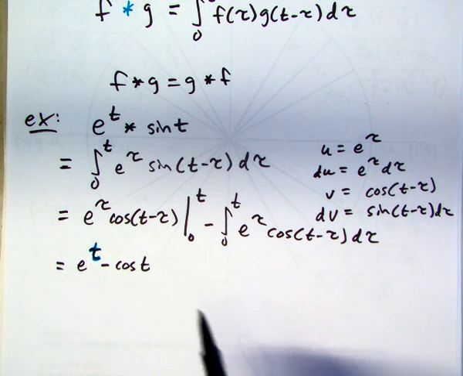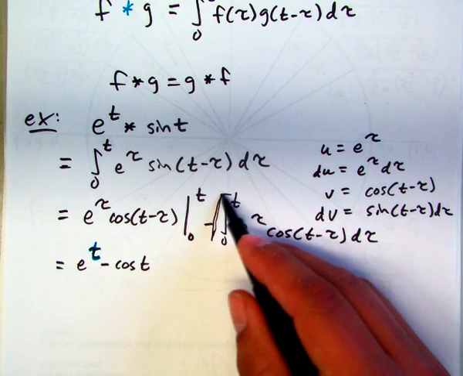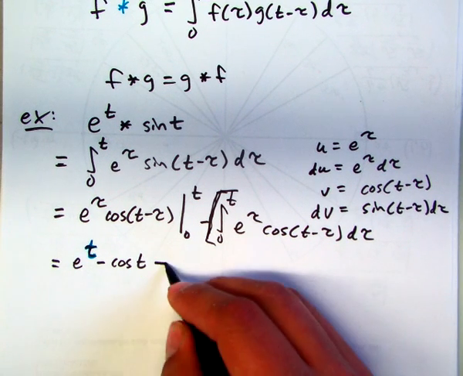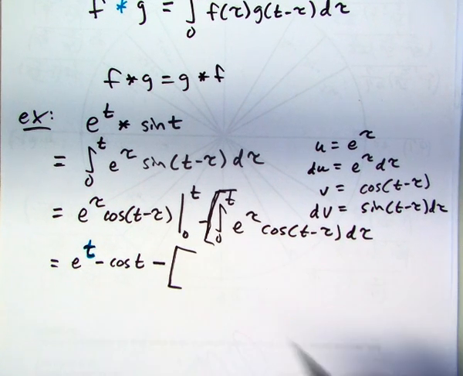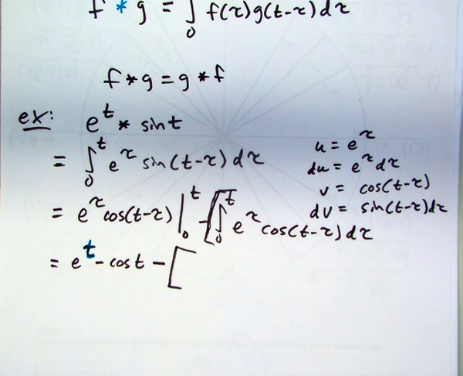So now we still have this guy to worry about, so I'm going to subtract, and then this gets treated pretty much the same way we treated the integral that we started with.